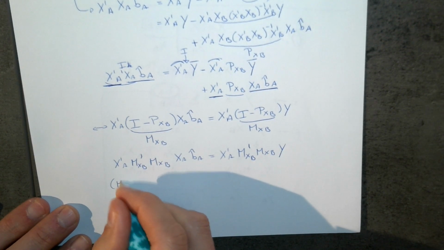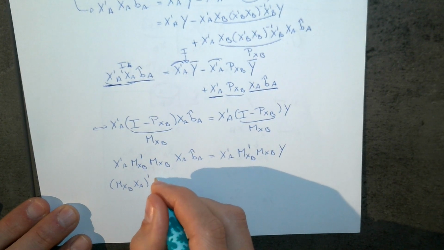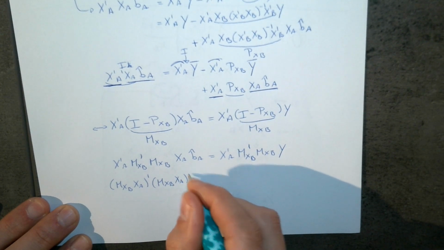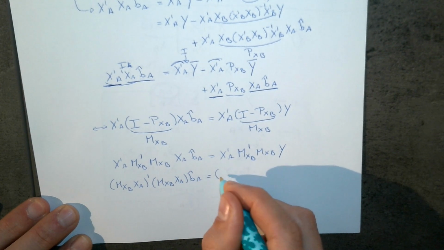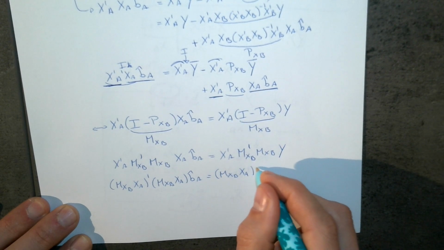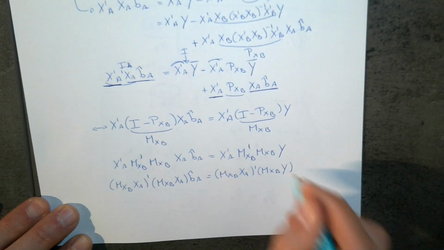So in the end what I have is mxb xa, times mxb xa, b hat a is equal to mxb xa prime times mxb y.